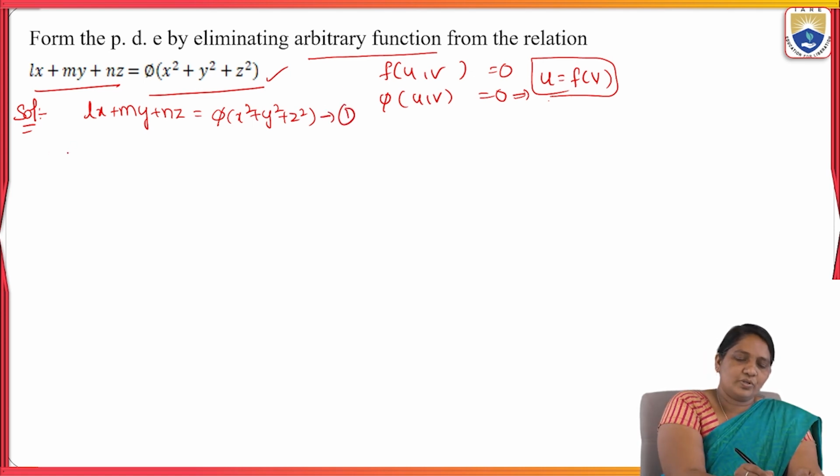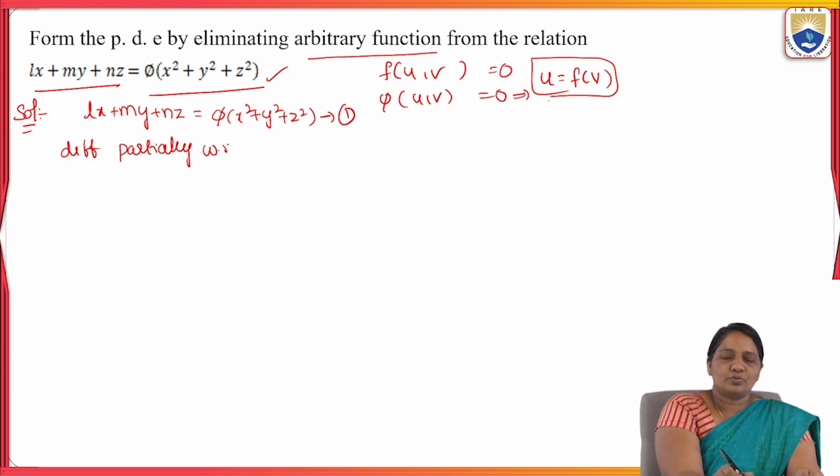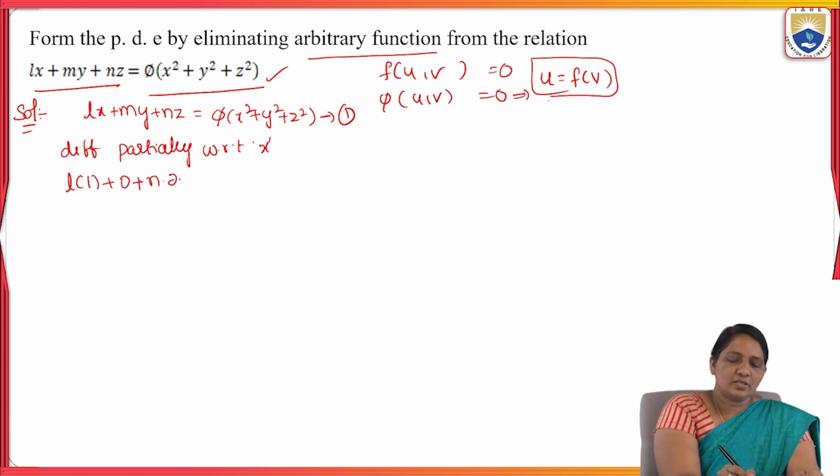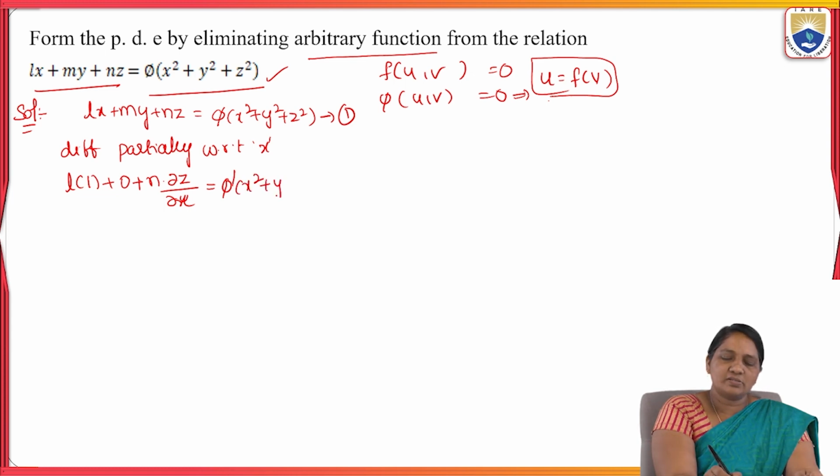First I am differentiating partially with respect to x. Now l into the derivative of x is 1, plus m into y, and y is constant so this becomes 0, plus n into dou z by dou x, is equal to phi derivative, which is phi dash of x square plus y square plus z square.